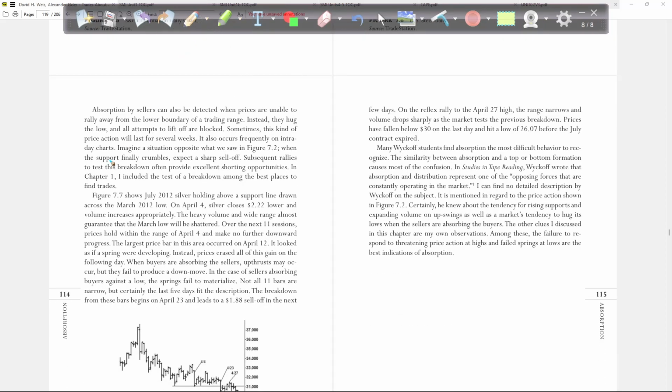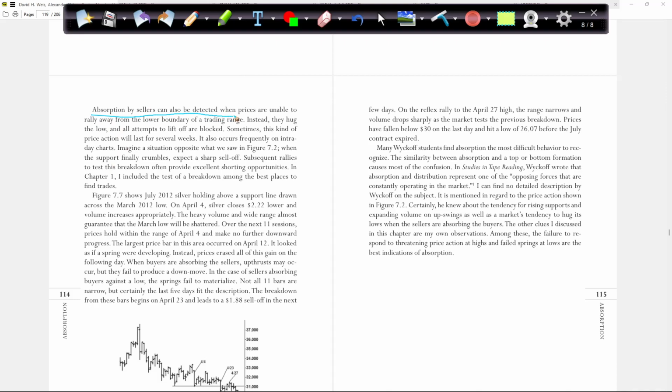Absorption by sellers can also be detected when prices are unable to rally away from the lower boundary of a trading range. Instead, they hug the low and all attempts to lift off are blocked. Sometimes this kind of price action will last for several weeks. It also occurs frequently on intraday charts.